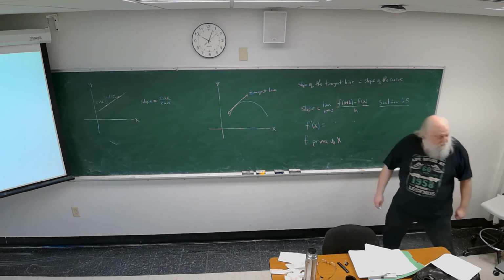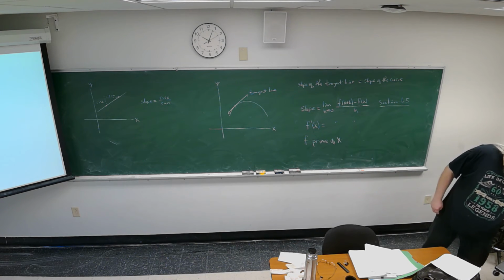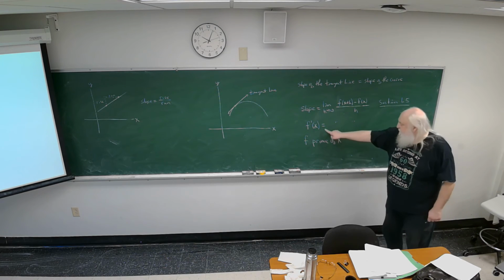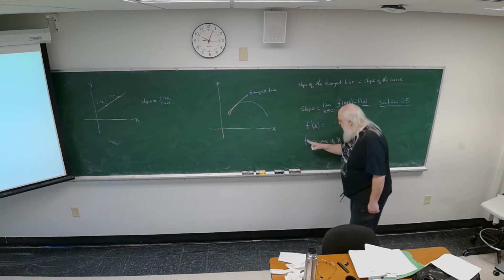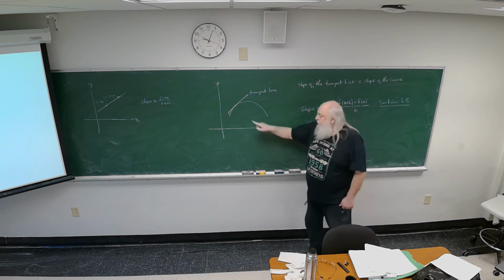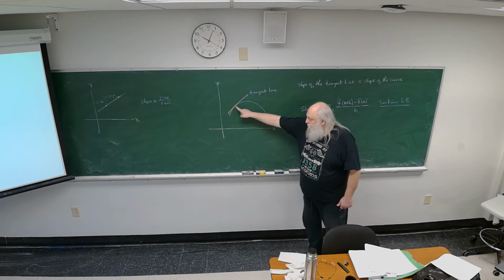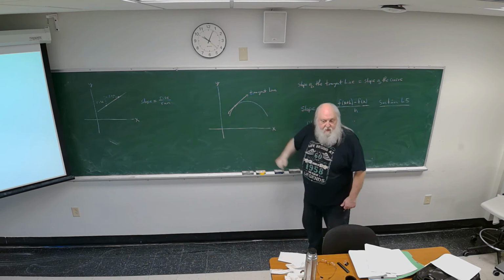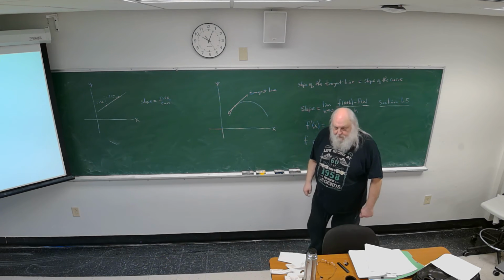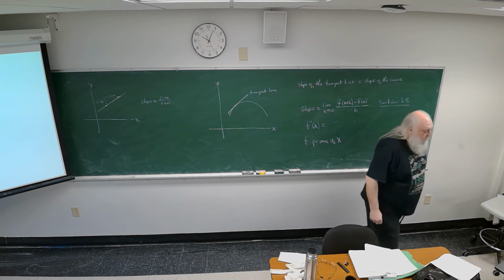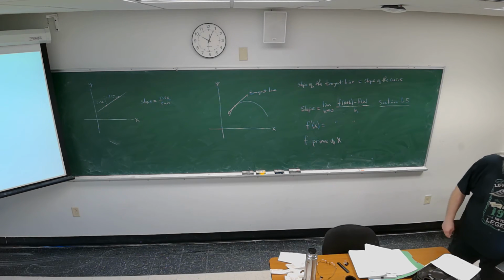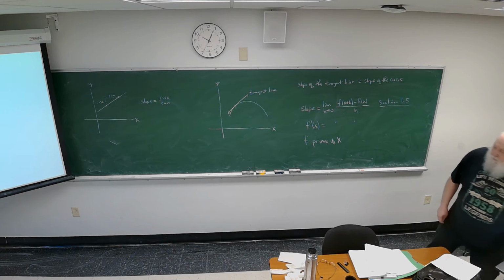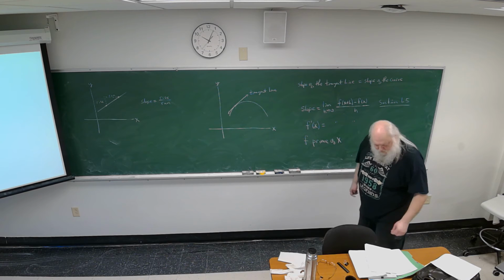So what your handout calls the derivative of f at x is read f prime of x, and that's how you calculate the slope of the curve at that point. Okay. So we're not going to delve into this real deeply, but you need to be exposed to it. So let's do an example. Let's look at example 3.